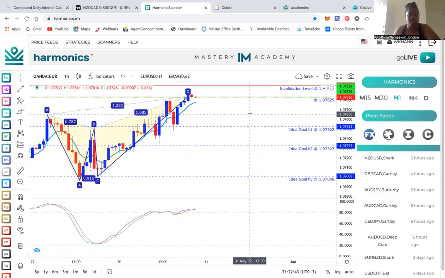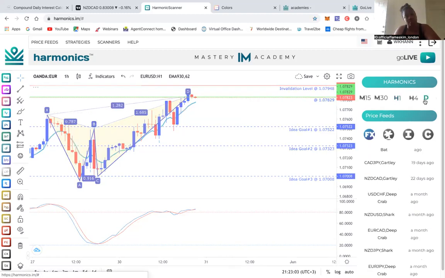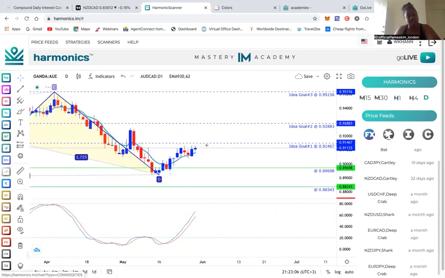The AUD USD was the one that I called out this morning, from the market ideas from colors. But we have one on here. Are you asking about the one on the Harmonic Scanner or the one on colors? There was an AUD USD on here as well.